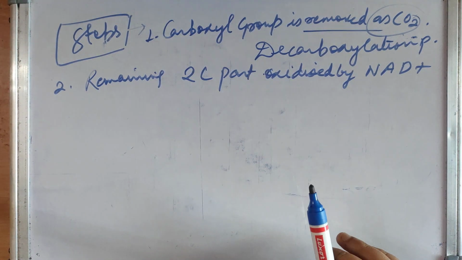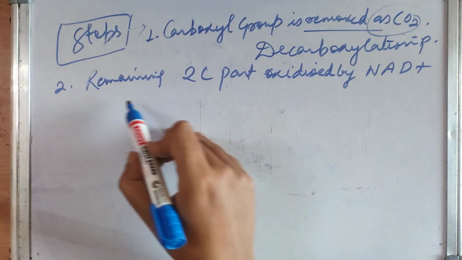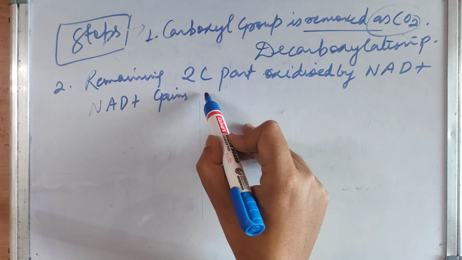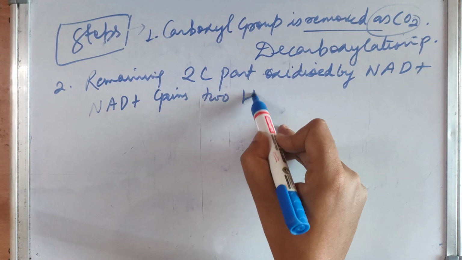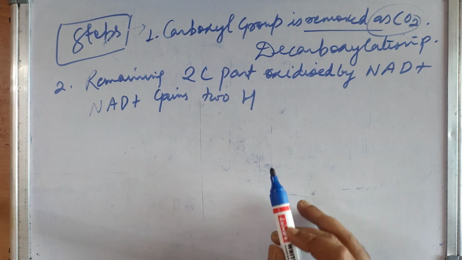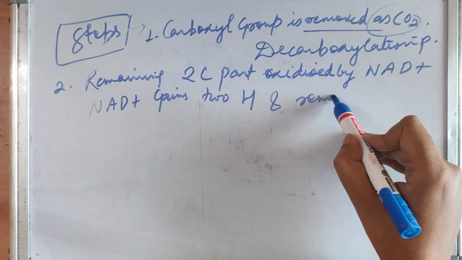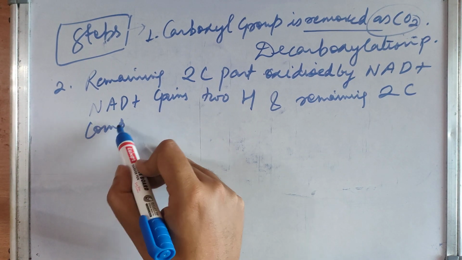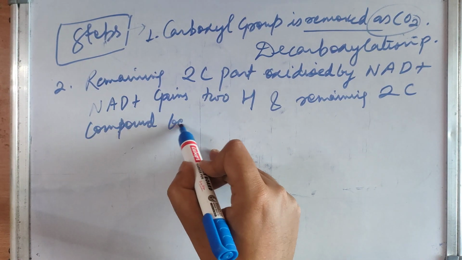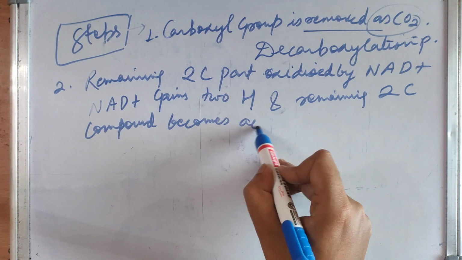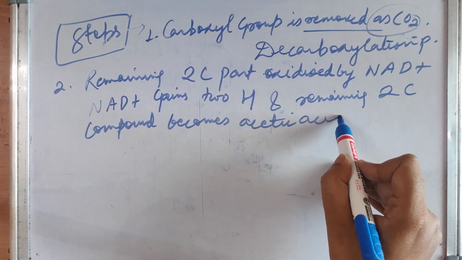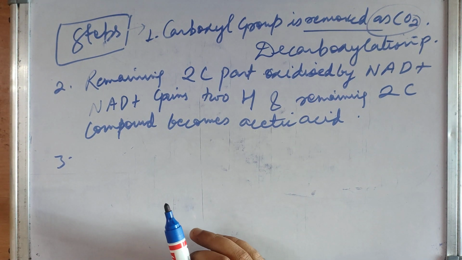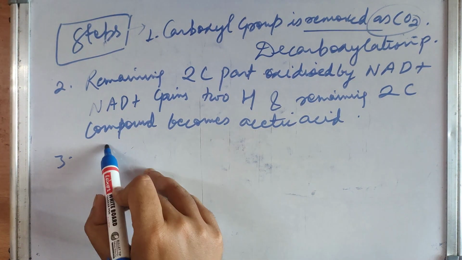The NAD plus gains 2 hydrogen, and the remaining 2 carbon compound becomes acetic acid.